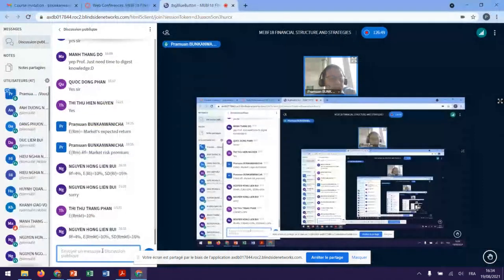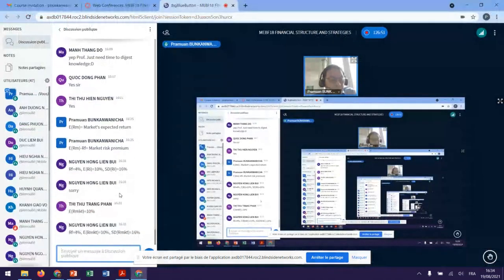So it should be ERM equal to 10%, SDRM equal to 16%. Perfect. You're going to get 20 out of 20.